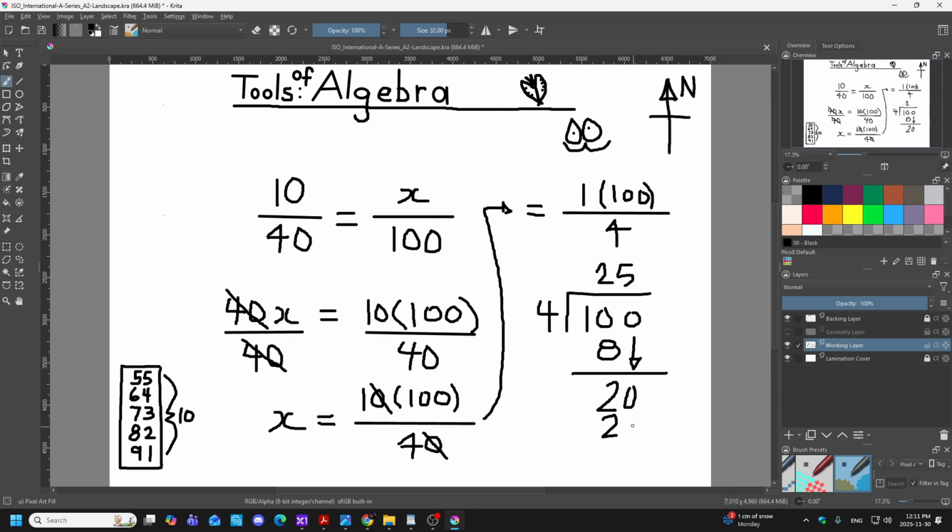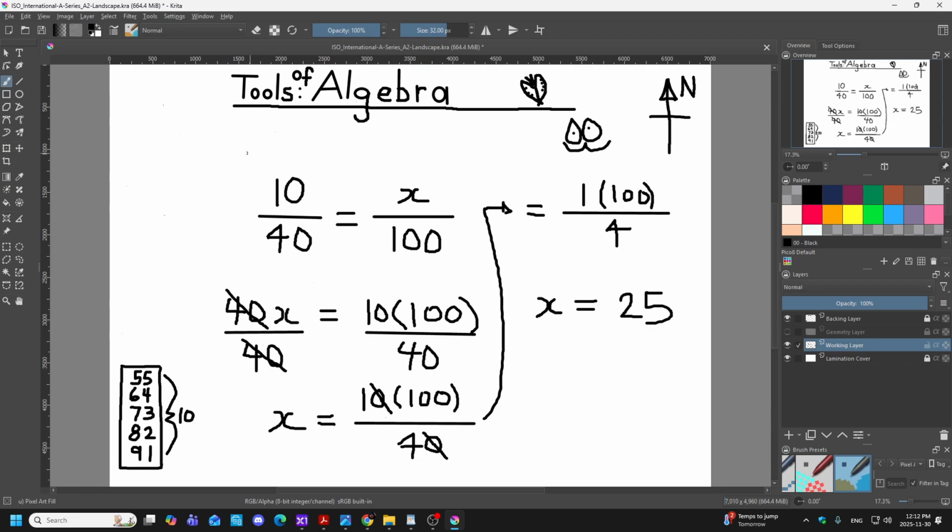Okay, and then we end up with the remainder of 0. Okay, long division. It's easy numbers. We could all do this, guys and gals. I believe in you. So 25 is our answer. That's doing it without using a calculator. So x is equal to 25.